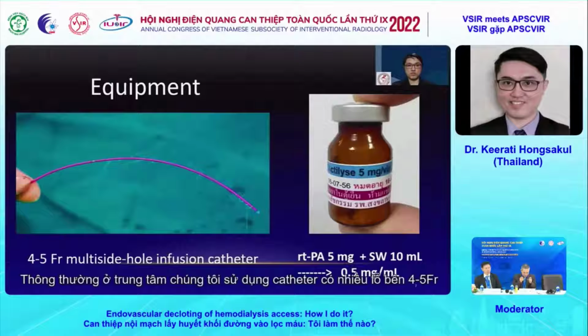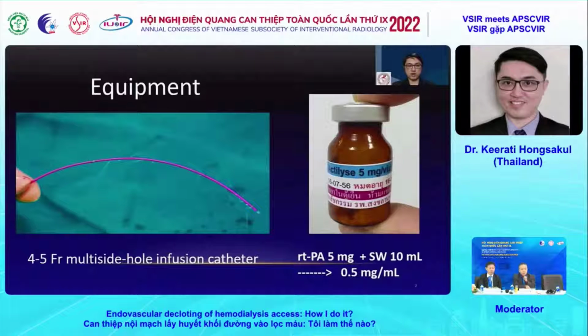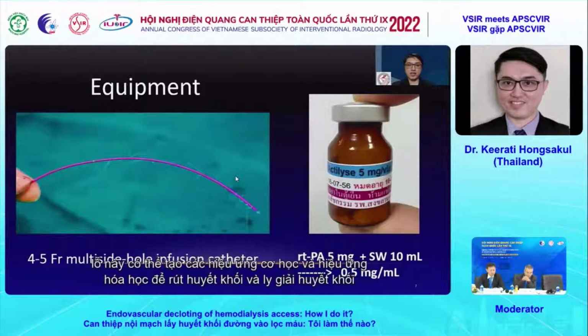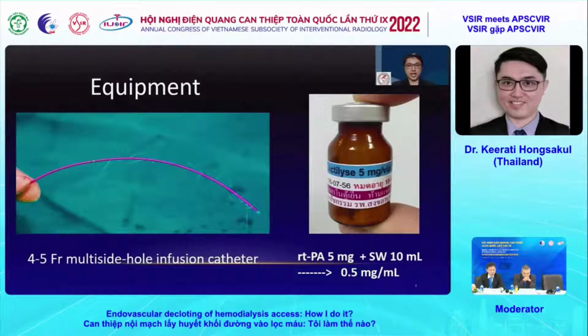And usually in my center, I use the multi-side-hole infusion catheter, 4 or 5 French, embedded into the clot, and then you use tPA mixed with sterile water and infused via the infusion catheter, and you can see the jet flow from the side holes of the catheter, and the jet can make mechanical effects and also chemical effects to macerate and to lyse the clot inside the access.